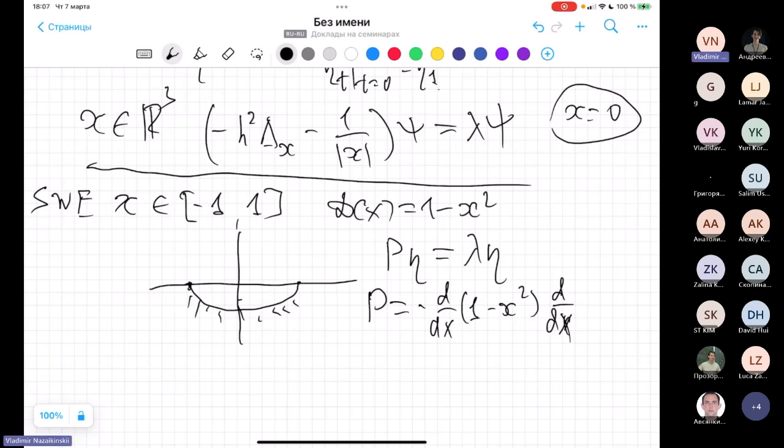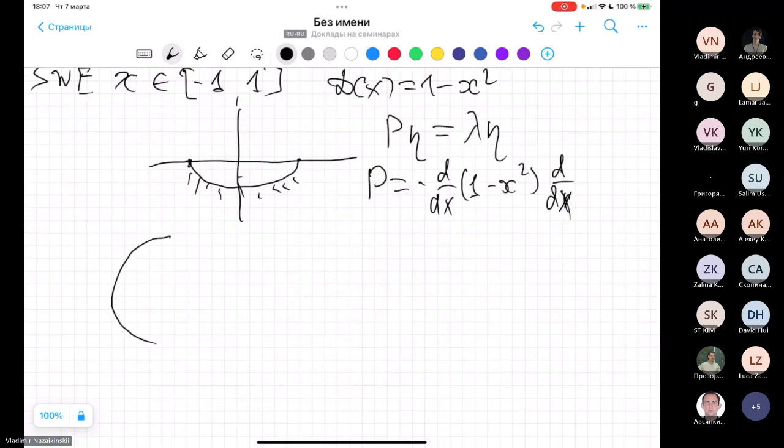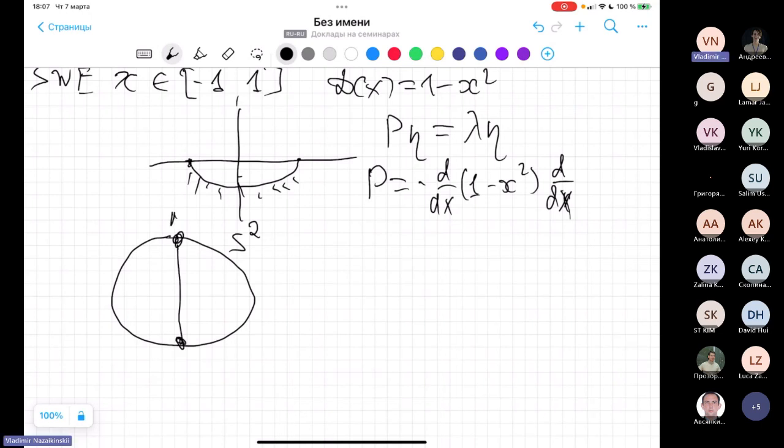Our idea is to reduce this equation to a non-degenerate equation on a manifold of higher dimension. We proceed as follows. Consider the sphere S2 with the North Pole and the South Pole in R3. On this sphere, we consider the action of the Lie group G, which is just the circle S1.